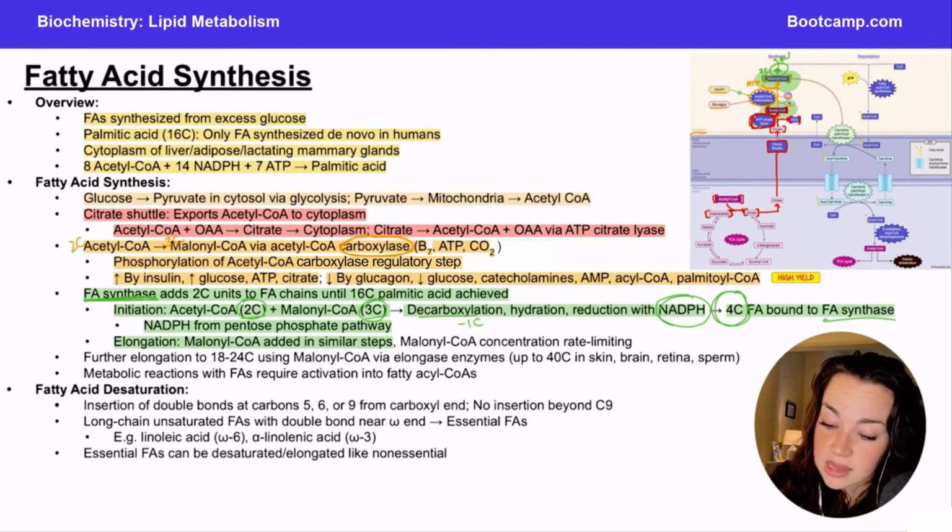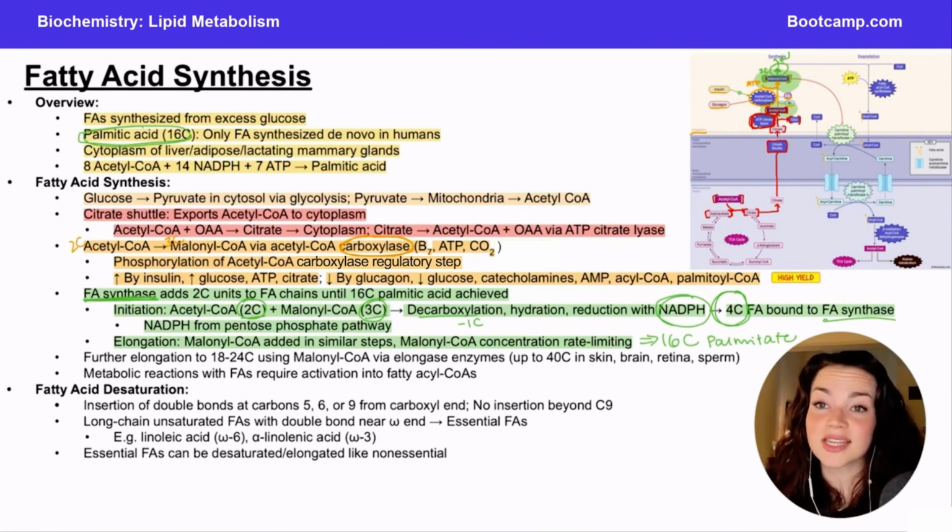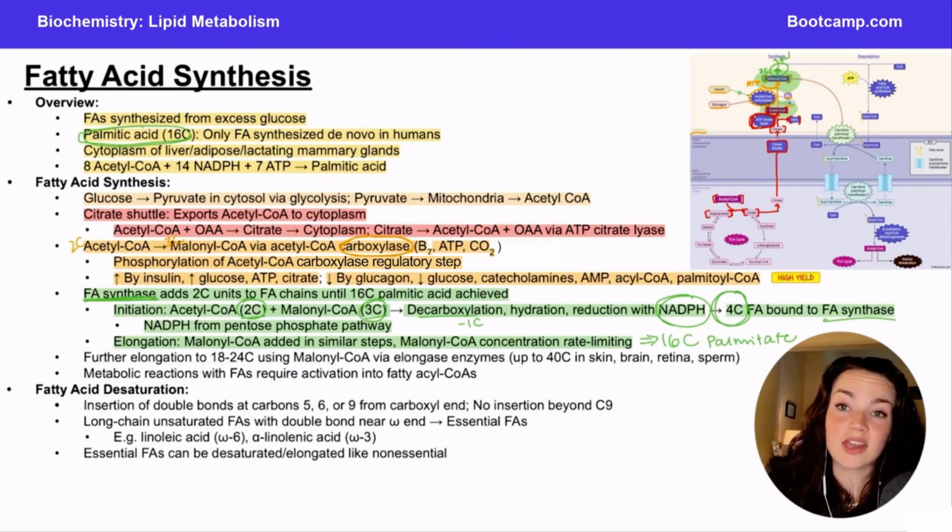And so because malonyl CoA is our building block for all of these elongation steps, the concentration of malonyl CoA is the rate limiting factor in this elongation reaction. And like I said, we keep doing this all the way up until we get to 16 carbons, which is palmitate. And so once you get to that 16 carbon palmitic acid end product, technically the fatty acid synthesis pathway, as we've talked about it, ends.